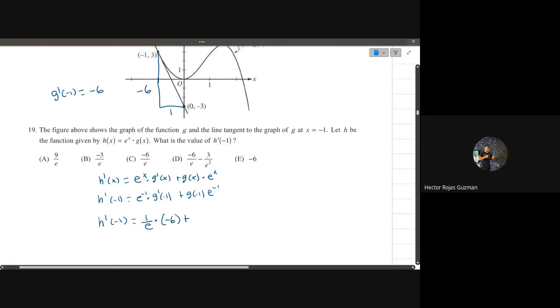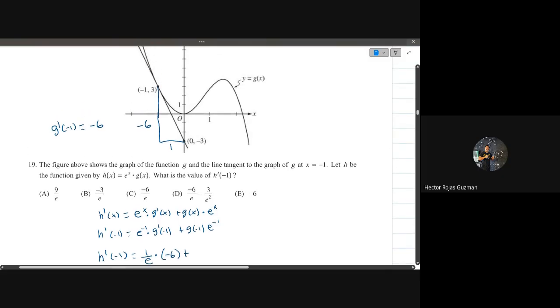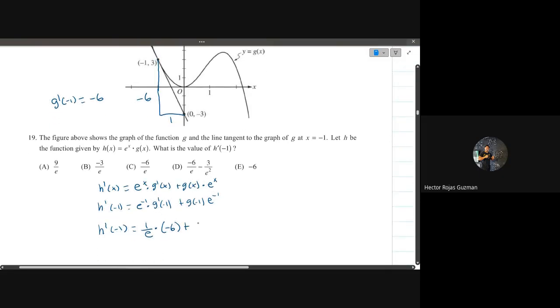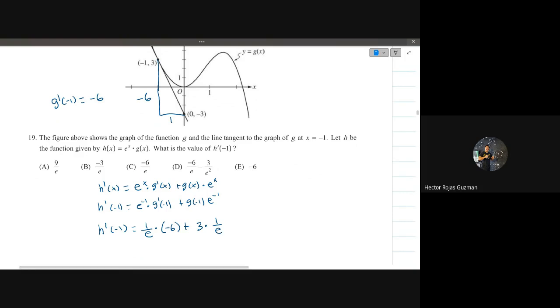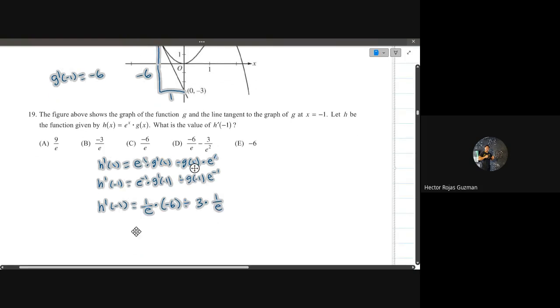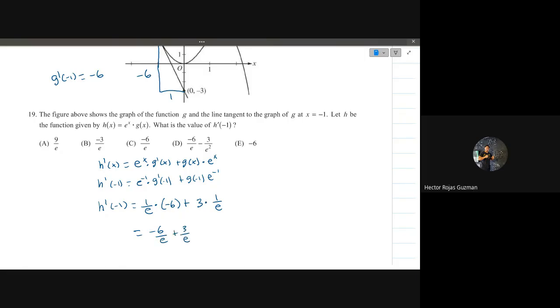G of -1 is just the value, which is 3. This is -6 over e plus 3 over e, which simplifies to -3 over e. There it is.